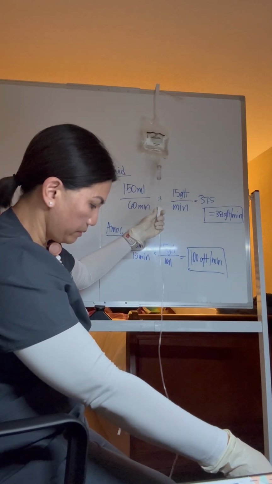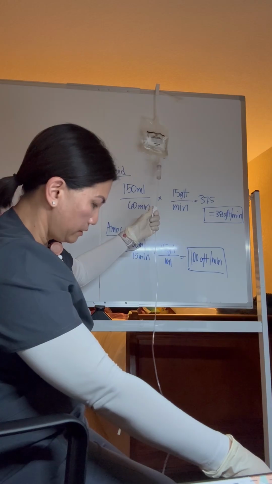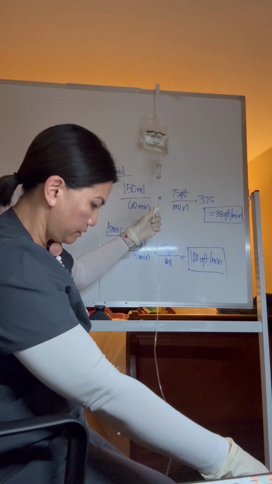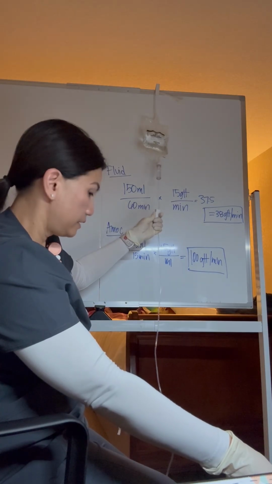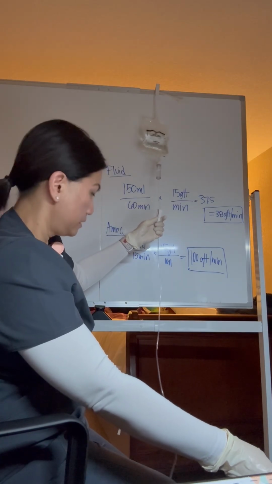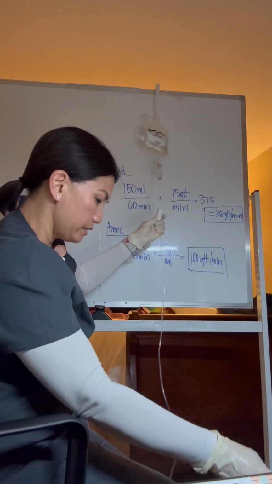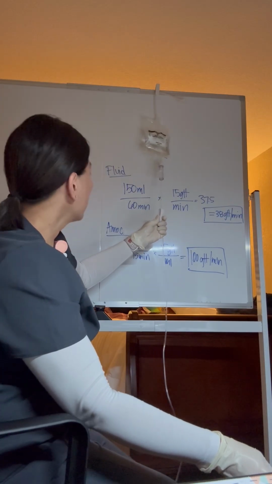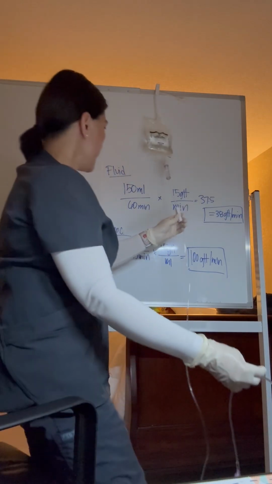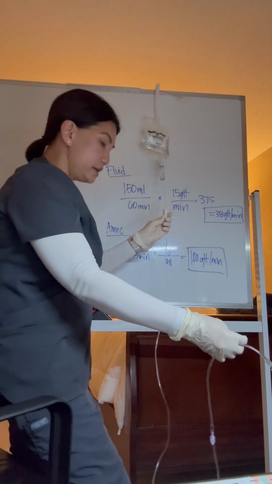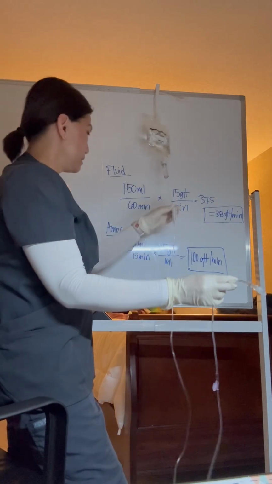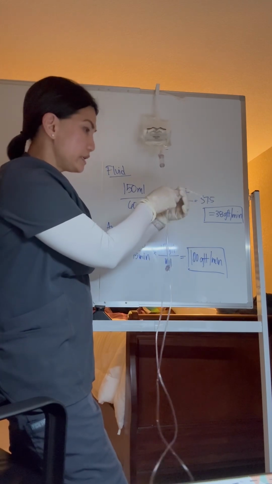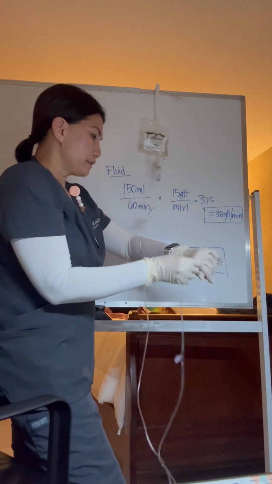Okay, see a little bit more bubbles. All right. Okay, so now there's no air in the line. So now I'm gonna go ahead and set our drop rate to 38 drops per minute, okay? So we're gonna go ahead and do that, count for a full minute.